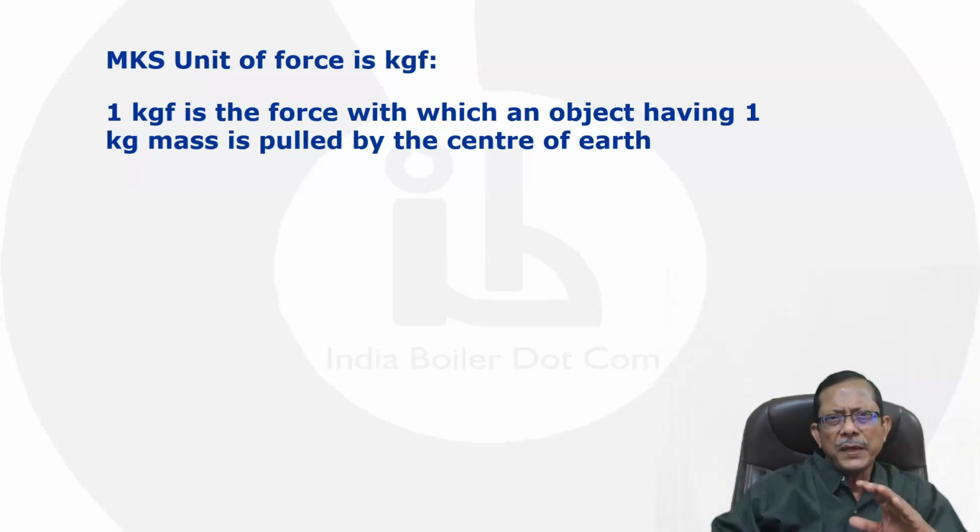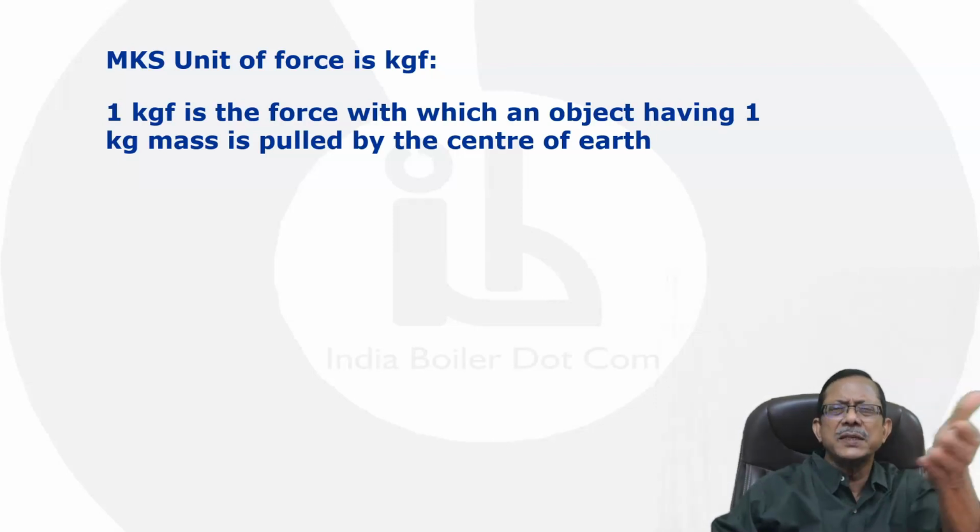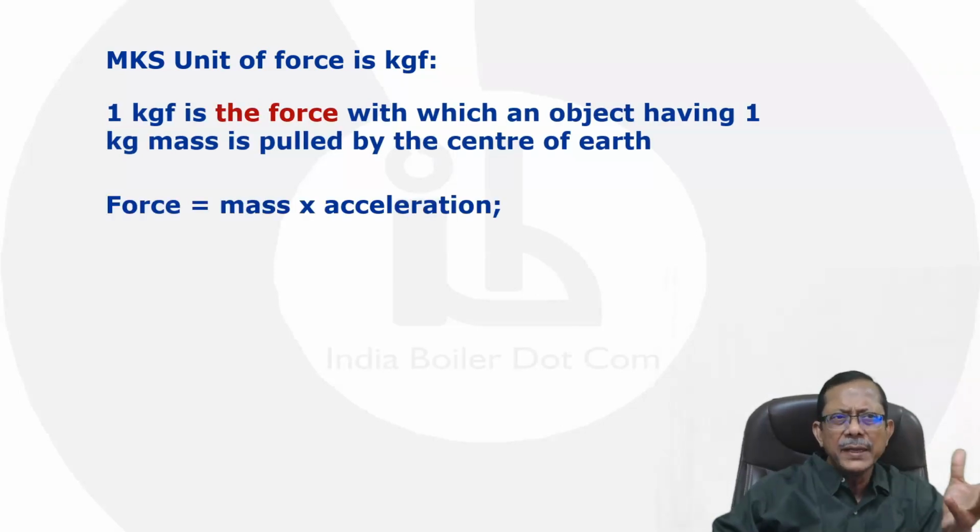Now, force can be calculated as the mass on which it is acting and the acceleration it is creating, the product of mass and acceleration. So force equals mass into acceleration.